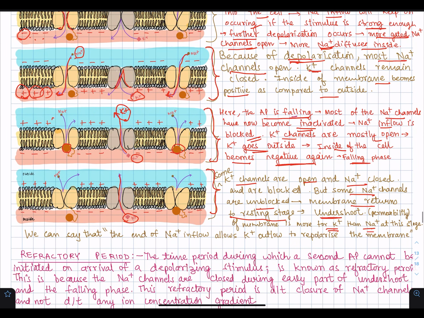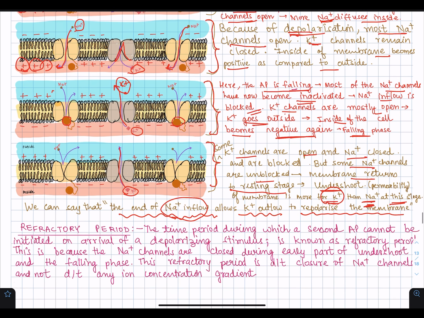And at this stage, what is happening? Permeability of membrane is more for potassium than sodium. Why? Because sodium channels have already closed. We can also say that the sodium inflow has now stopped. This allows potassium outflow and this repolarizes the membrane. This is what is actually happening.